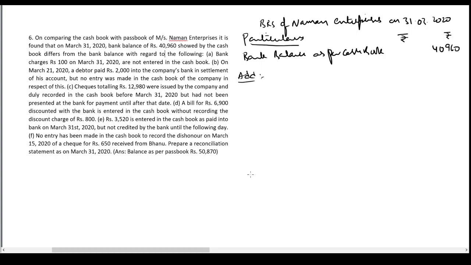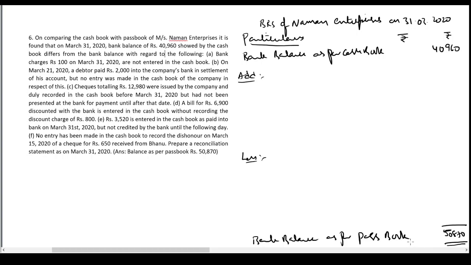We will have some add items, we will have some less items, and we have to arrive at the bank balance as per passbook. Our answer should be 50,870.